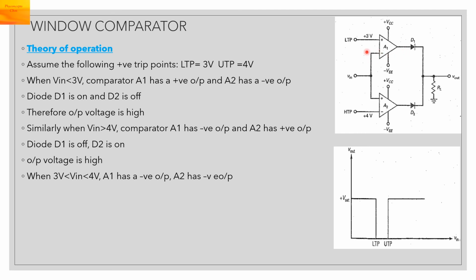Vin is greater than 3 volts for the upper comparator, so it gives a negative output. Here Vin is less than 4 volts, so this also will give a negative output. So both the diodes are off and the output voltage will be low. That is shown in this graph.